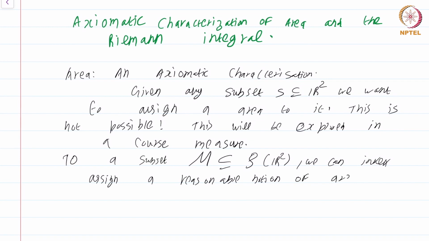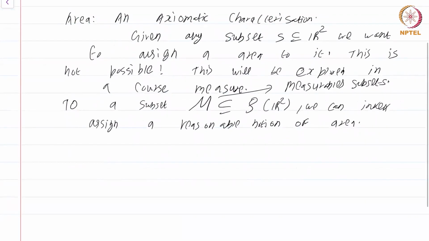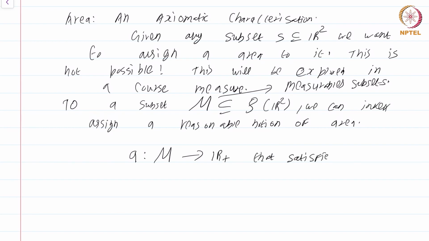This M is called the collection of measurable subsets. So you have a function A from M to R plus that satisfies the following properties.